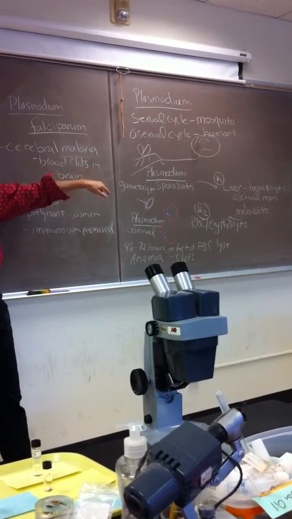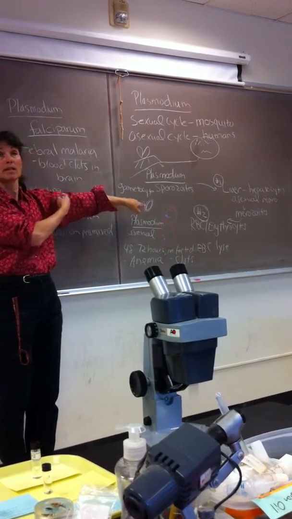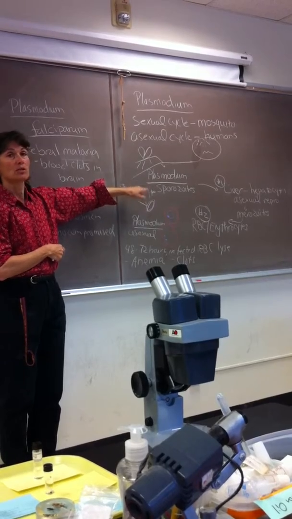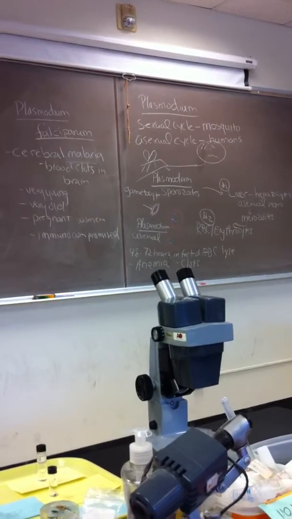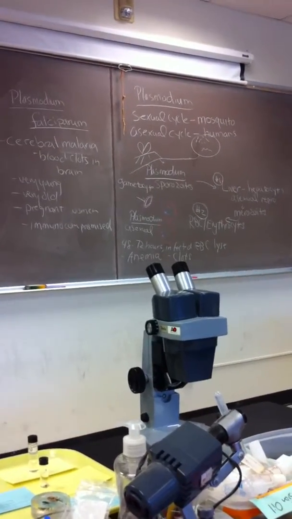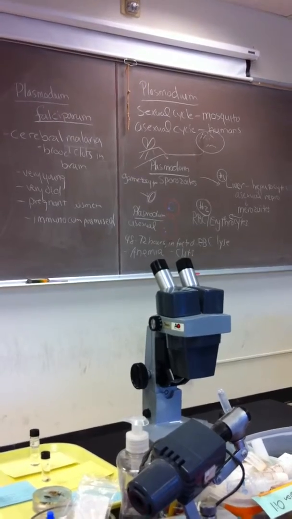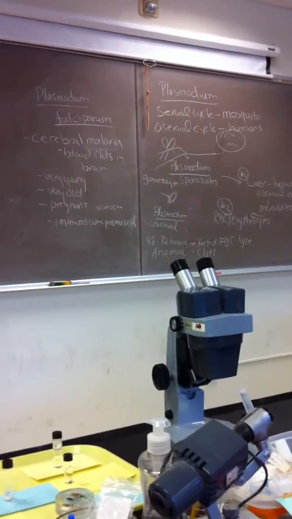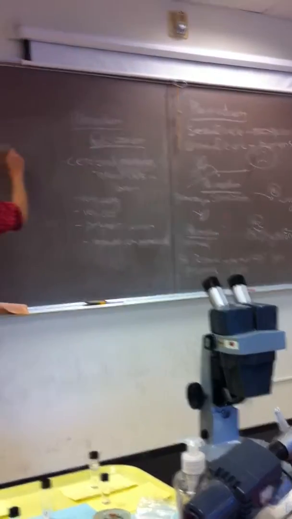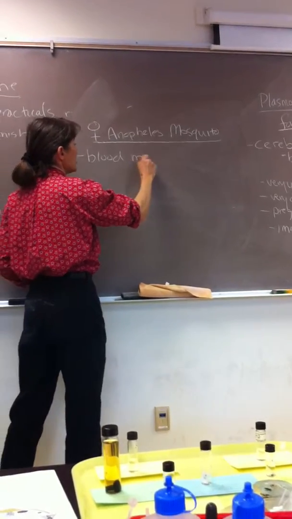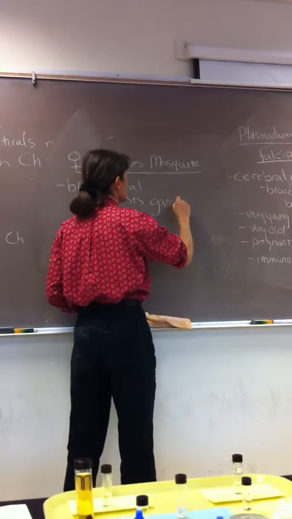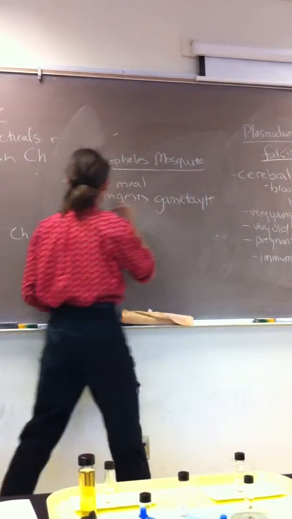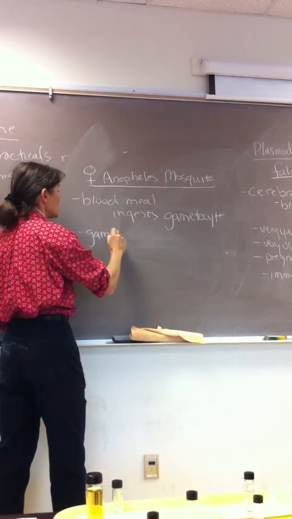So if a new Anopheles mosquito comes along, and let's say I have gametocytes circulating in my blood, the female mosquito draws up a blood meal, she sucks up the gametocytes. Now I'll carry this on over here, you guys. So in the female Anopheles mosquito, she takes the blood meal and she ingests the gametocytes, and the gametocytes then fuse. There's fertilization.